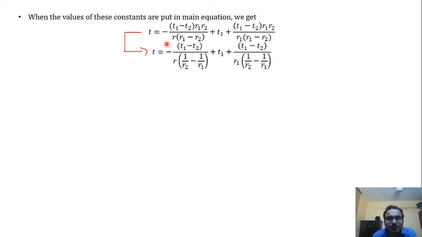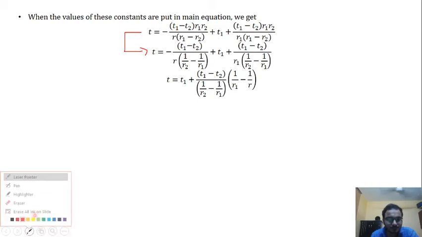To repeat this part, let us focus on this portion. Suppose we divide numerator and denominator with R1 R2, then this will vanish, and in the denominator we will be getting this. Similar thing is done over here also. So now here we can combine these two terms.